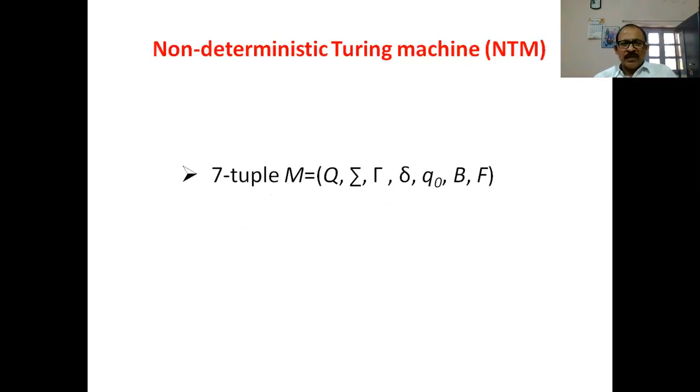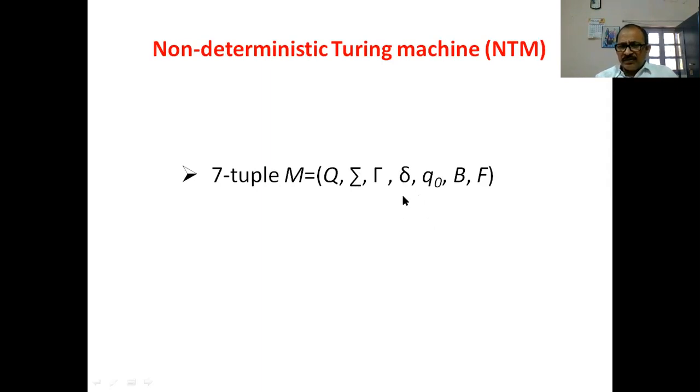Next topic is the non-deterministic Turing machine. Again, we can define a non-deterministic Turing machine with the help of a 7 tuple Q, sigma, gamma, delta, Q0, B and F. The meanings of these are the same as the basic Turing machine.